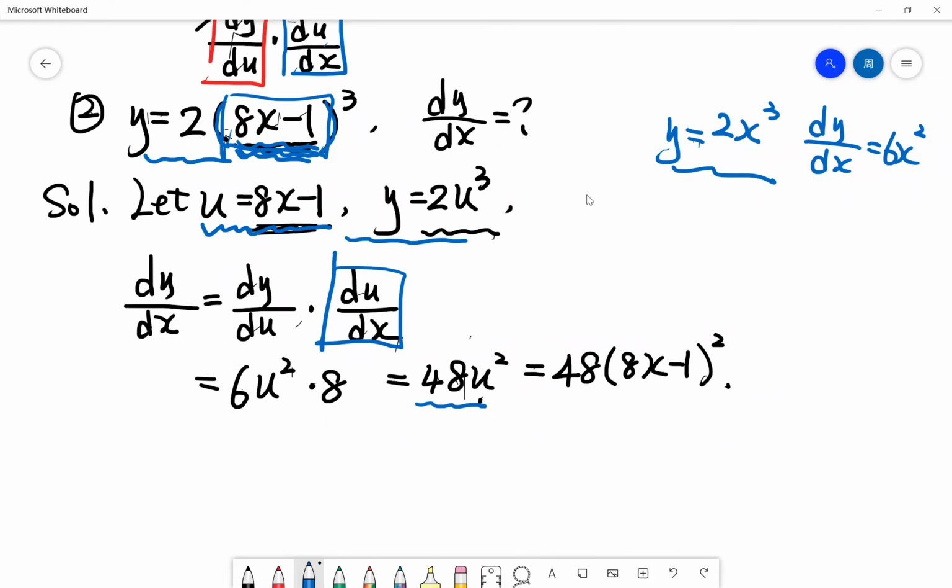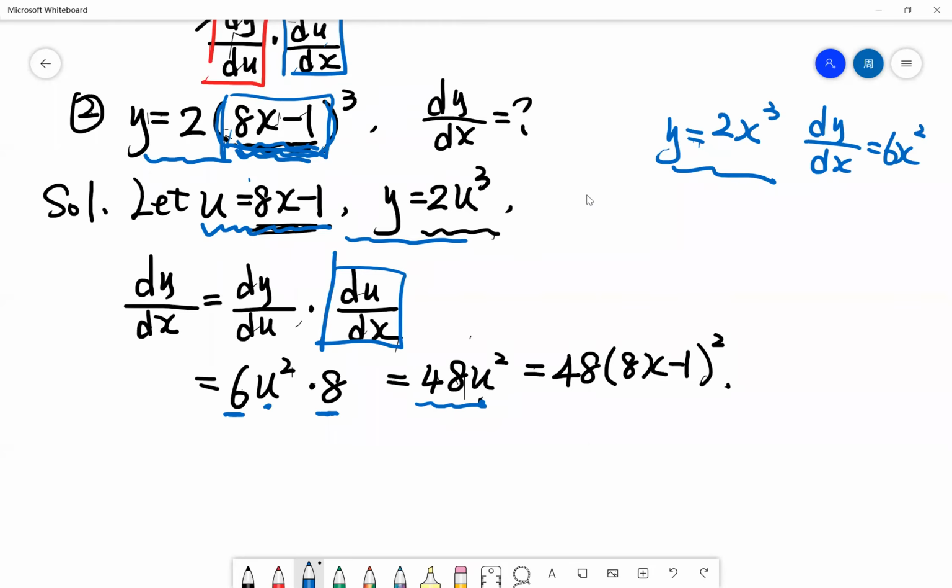Where can we find that 8? Because 6 times u, 6 times 8, that is 48u squared. You have to find the derivative of 8x minus 1, which gives 8.